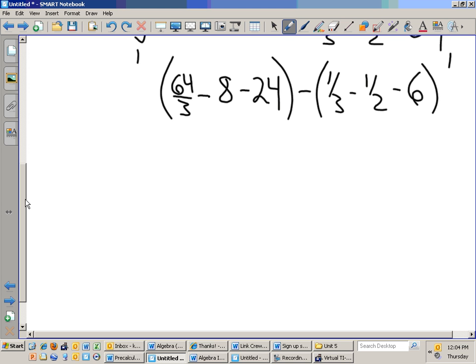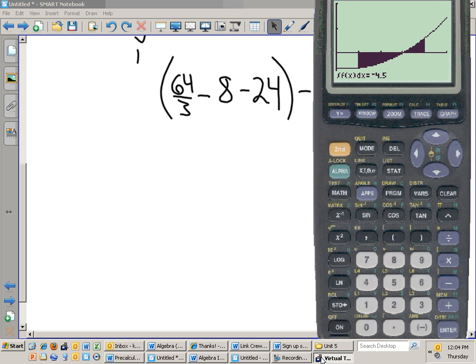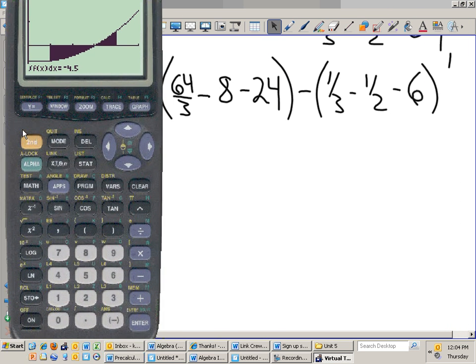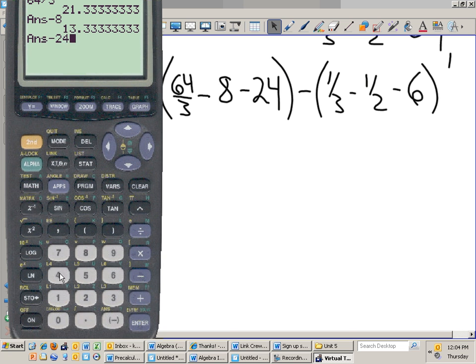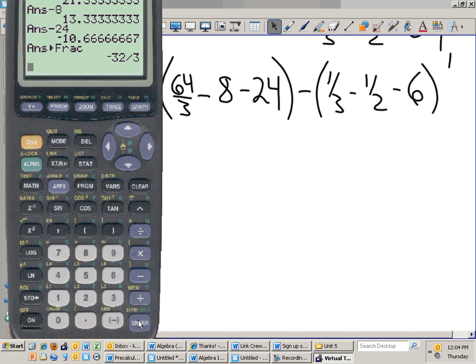Ashley, tell me how you would do it. Or you just plug it all into your calculator. Oh, so you guys do this. Let me just make sure that I understand. You guys go 64 divided by 3 minus 8 minus 24, enter, second, math, convert to fraction. That's what you do? That's great. All right, good. All right, wonderful.